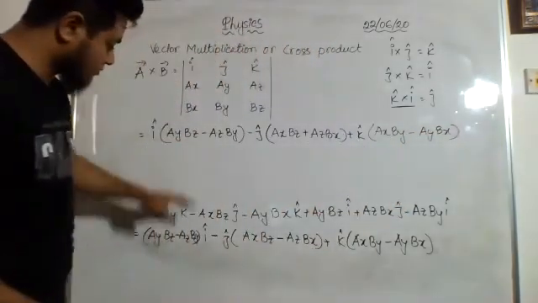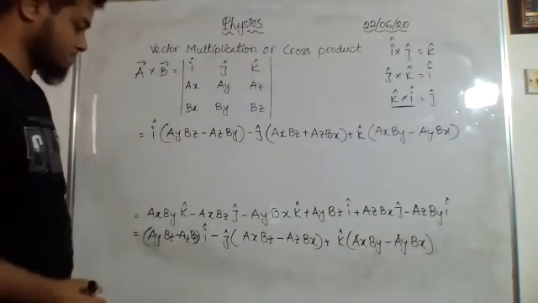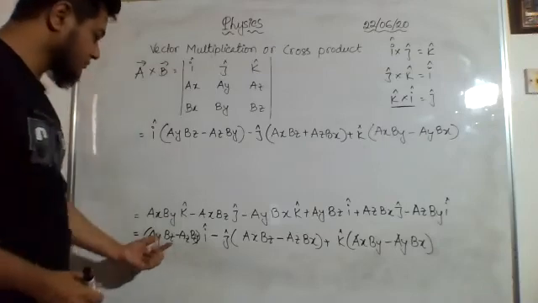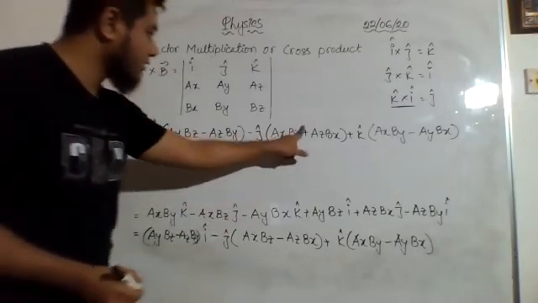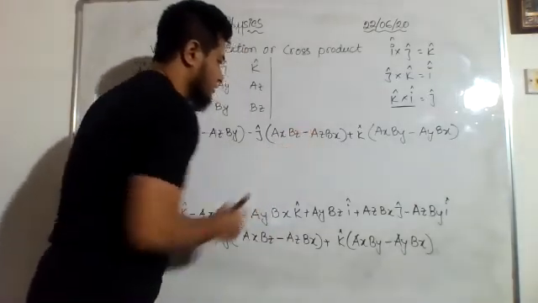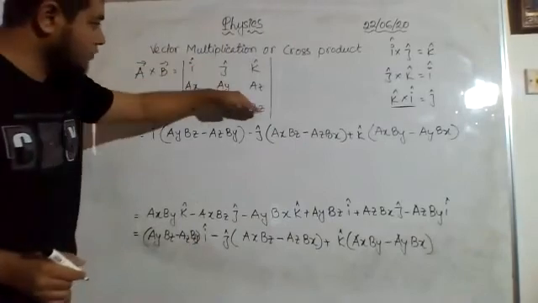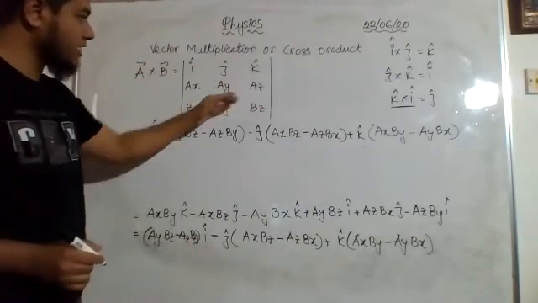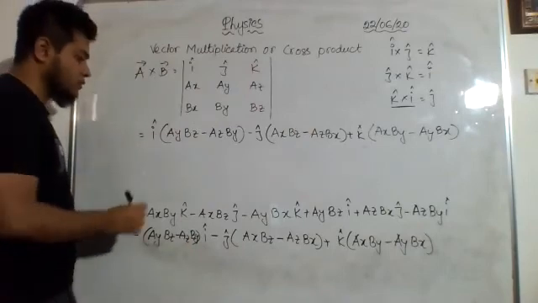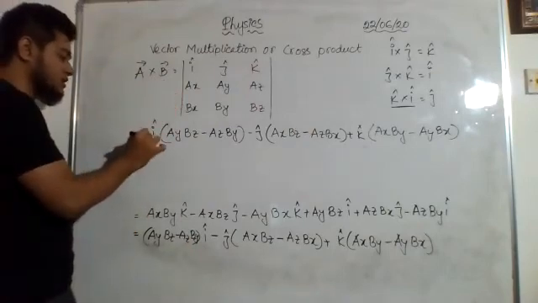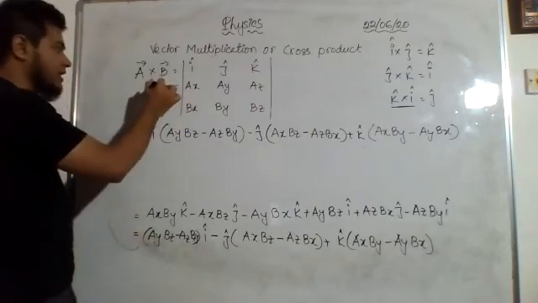Now can you see whether there is any dissimilarity between this final line and this line? Is there any dissimilarity? AX BZ minus... Oh, sorry, by mistake I have put minus plus minus. Cross multiply: if you go like this, then this multiply minus this multiply. So if I can write this line from this line, obviously from this line I can write that line.